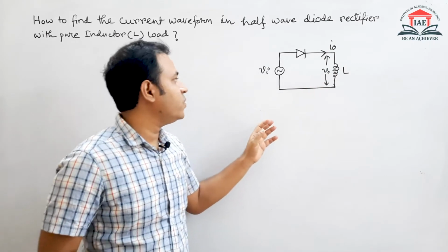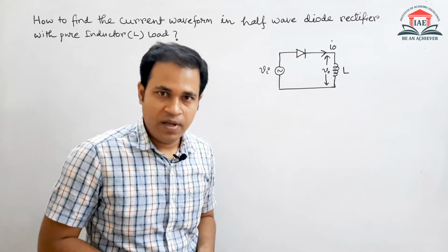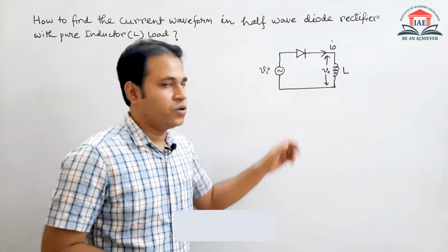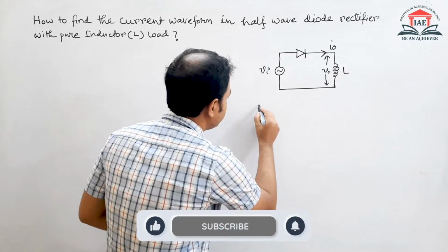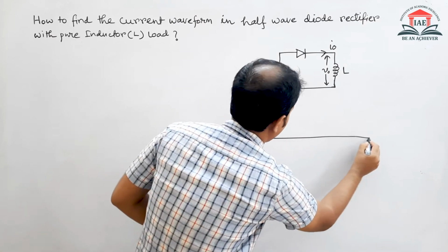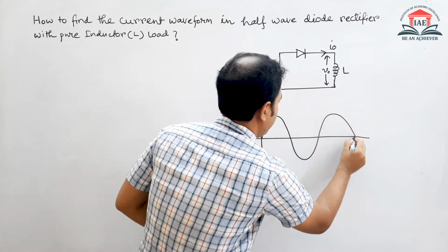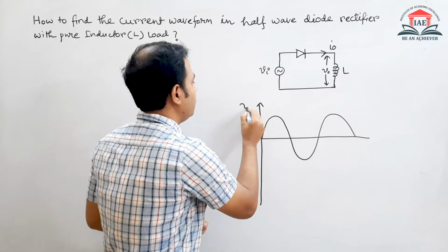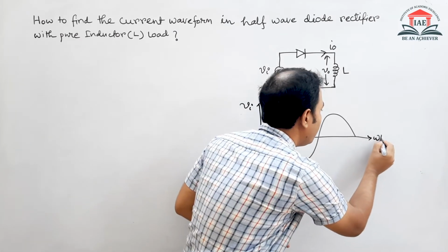Now our objective will be to find out mathematically what will be the expression for I0. Then we will draw the output current. So let us first draw the input voltage. This is our input voltage Vi, and this axis is omega t.